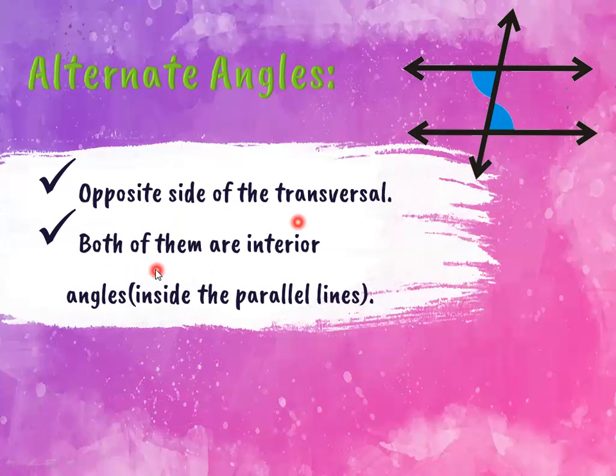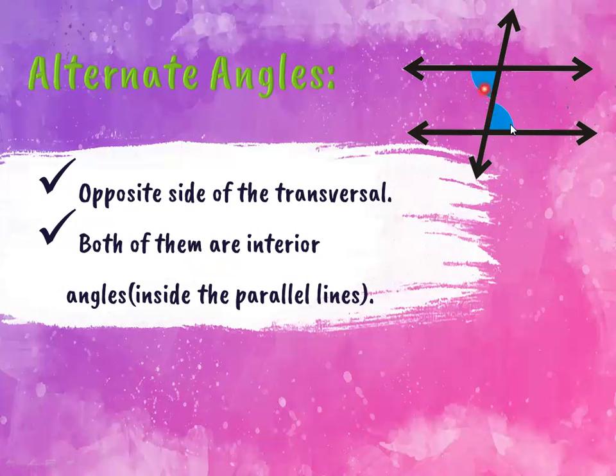The first is that they are on opposite sides of the transversal, and both of them are interior angles, inside the parallel lines. So angles which are interior and on opposite sides of the transversal are alternate angles.